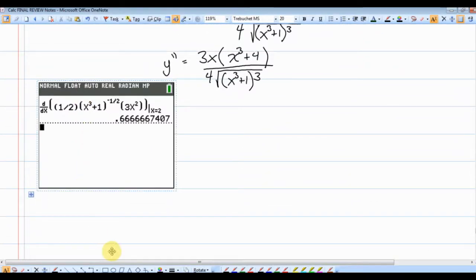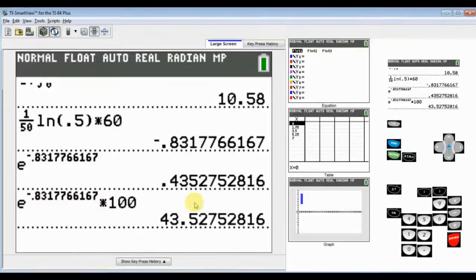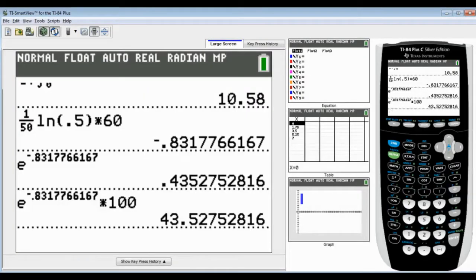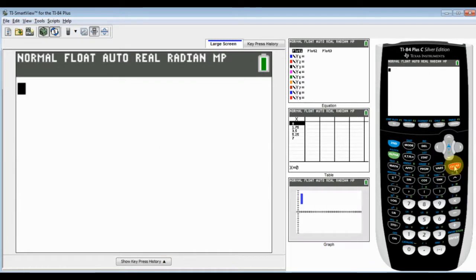Your calculator cannot find the derivative, but your calculator can evaluate a derivative. So let's evaluate a derivative so you know what I'm talking about.